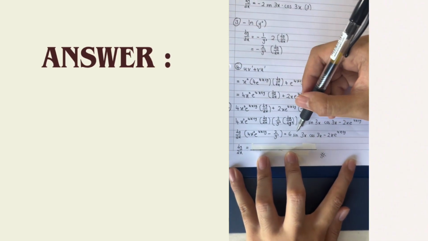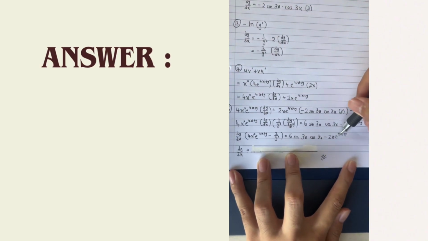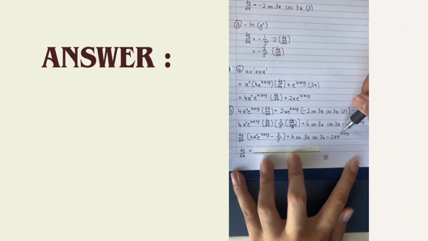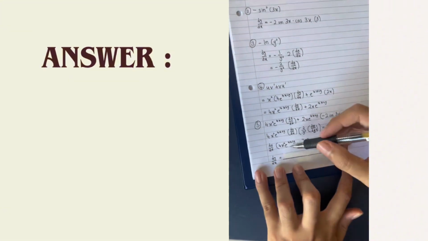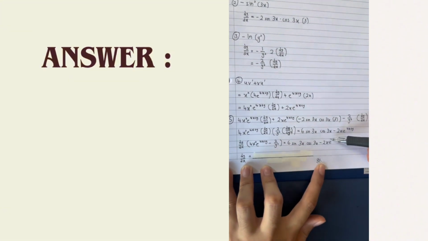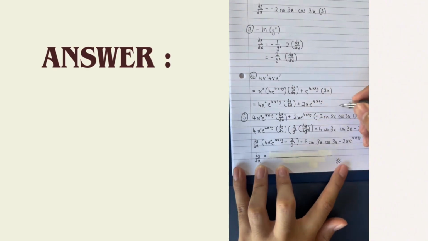So we have to factorize this, taking out the dy/dx. This will be 6 sin 3x cos 3x minus 2x e to the power of 4x plus y. So for the final answer, we're going to move this to the right hand side. So what was multiplied is going to be divided.